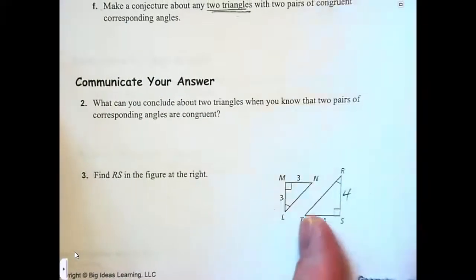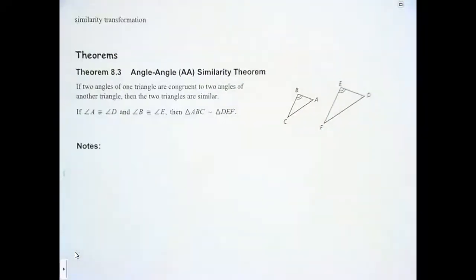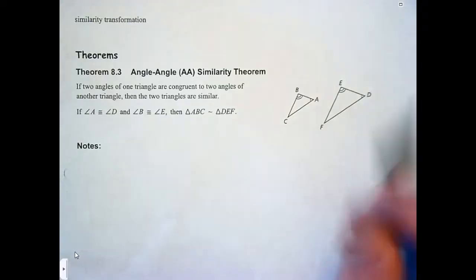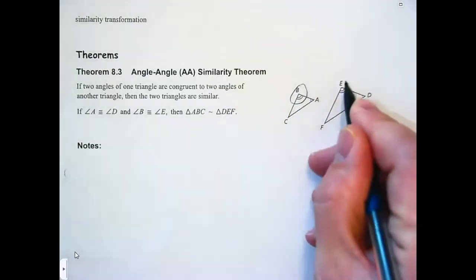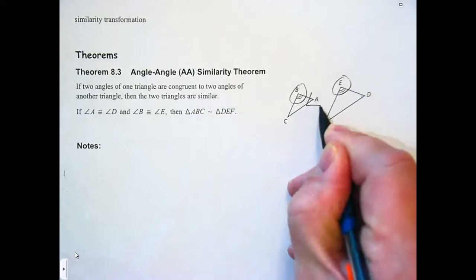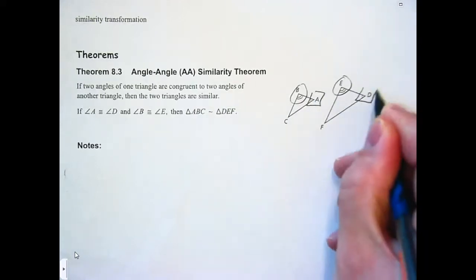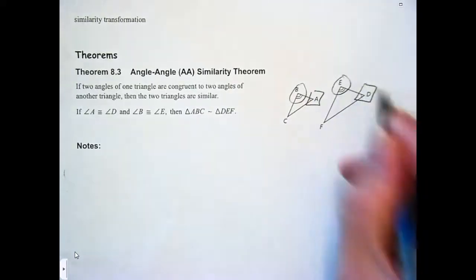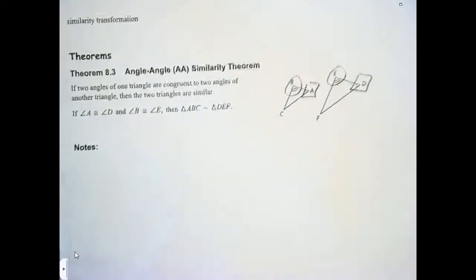All right. So really, guys, if you take a look at page 228 of your student journal, the big concept for today is the angle-angle similarity theorem. If two angles of one triangle are congruent to two angles of another triangle, then the two triangles are similar. So as long as you know in a triangle that they have two pairs of congruent angles, the triangles are automatically similar.